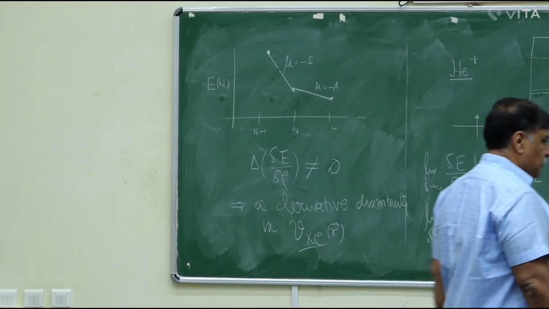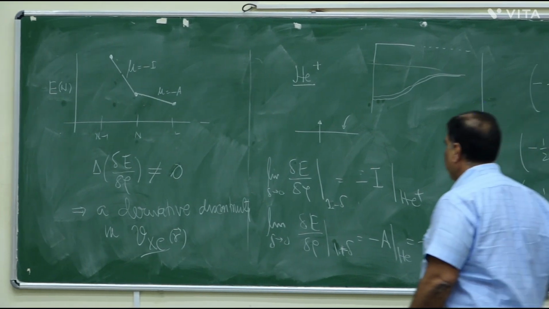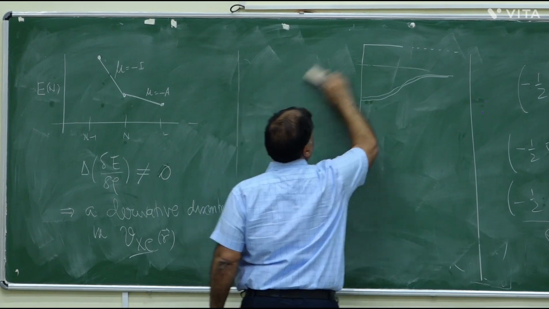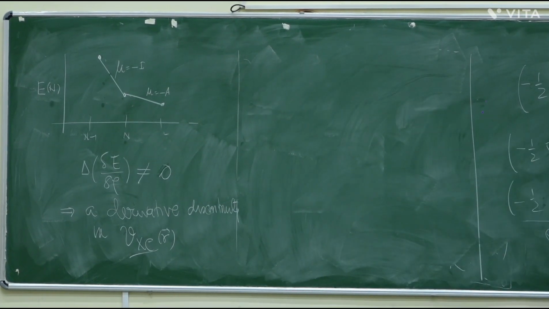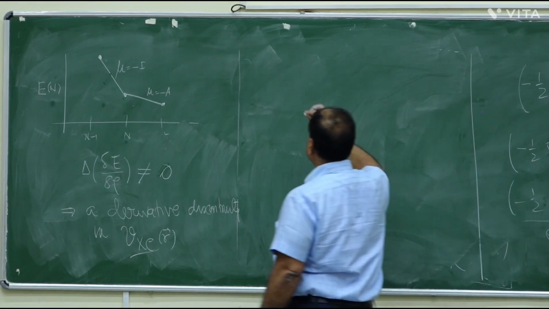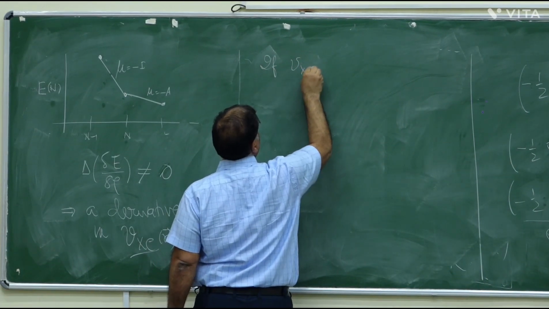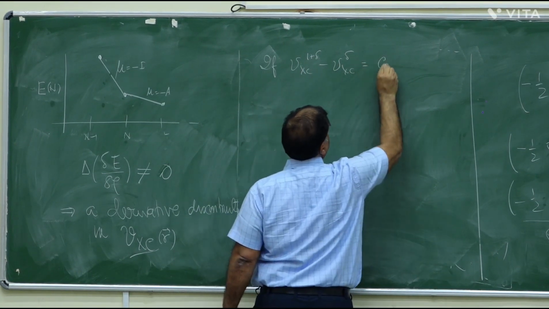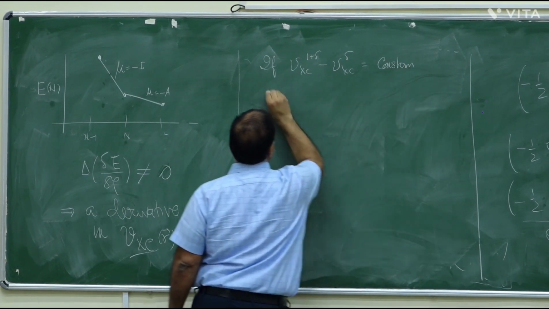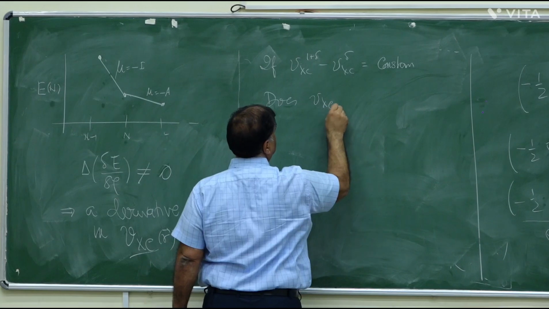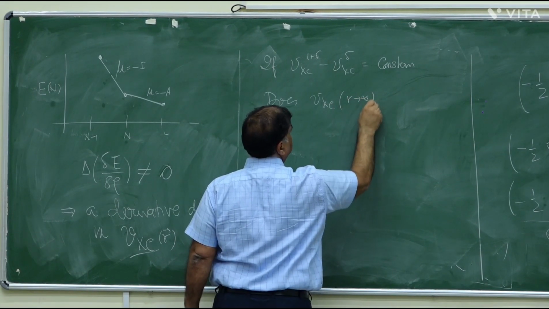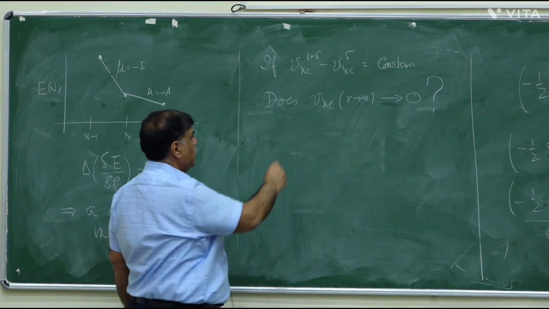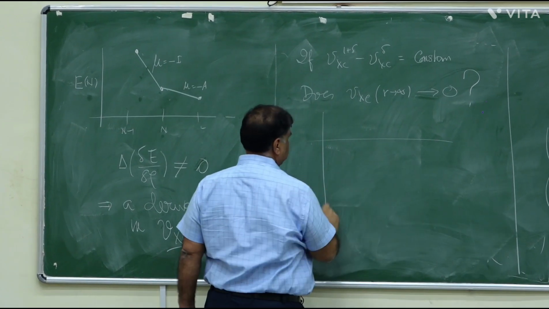Now you may ask me a question. The question is that if Vxc 1 plus delta minus Vxc 1 is equal to a constant, does Vxc as r tends to infinity go to 0? That's why I made it like this.